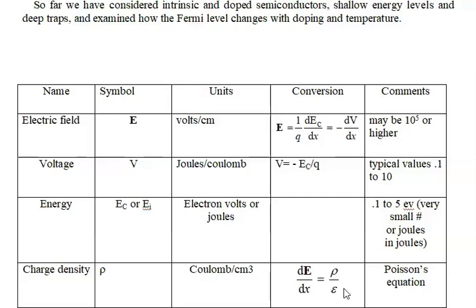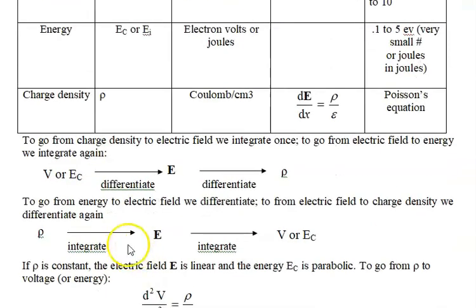Now, what will be of interest is we're going to go from charge density to electric field to voltage, or we're going to start with voltage and we're going to go to electric field and charge density. Let's see how we do that. If we start with voltage or energy, we differentiate that to get the electric field, and then we differentiate again to get the charge density.